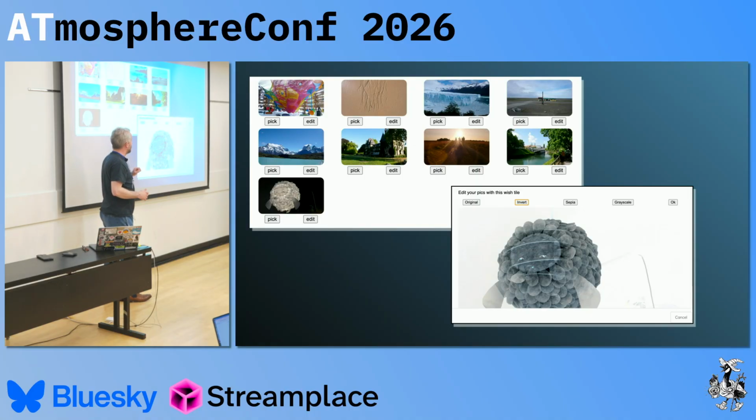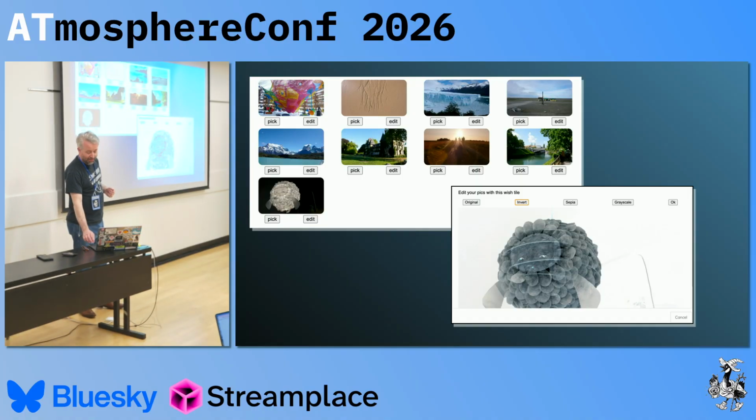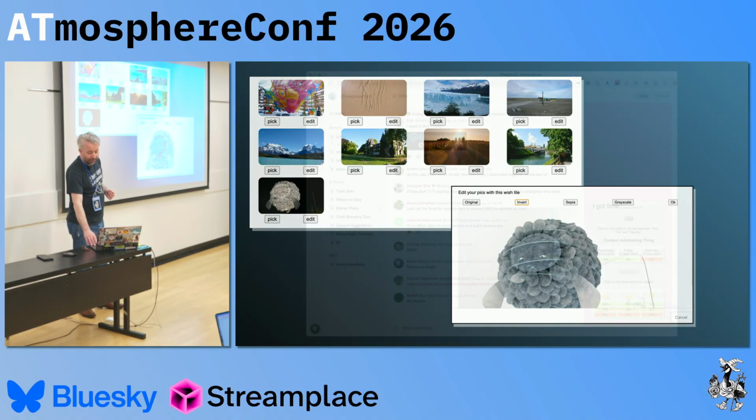If it was published to AT, you can find things that are able to handle specific requests. So you can use the AT data itself. And this is just an example of you clicked edit here, and it loaded the image inside a filter editor. Why not? And then when you hit save, it sends it back. It's really simple, but you can integrate a lot of things in this way with loose coupling.